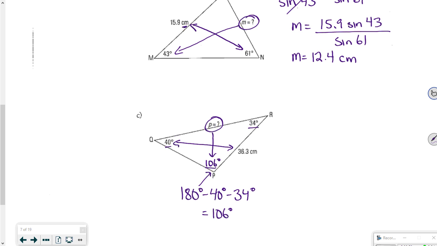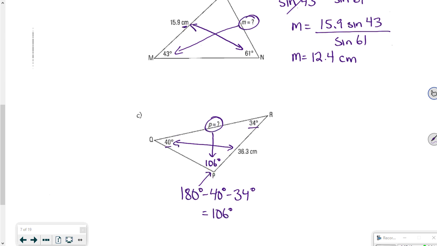Now that I know that angle, I can use my sine law because I've got a pair where I know both pieces and I've got a pair where I know the angle that's across from the side I'm trying to solve for. So I'm going to use my sine law. I'm solving for a side. I'm going to put my side on top.